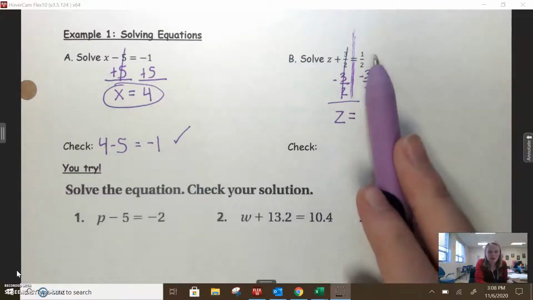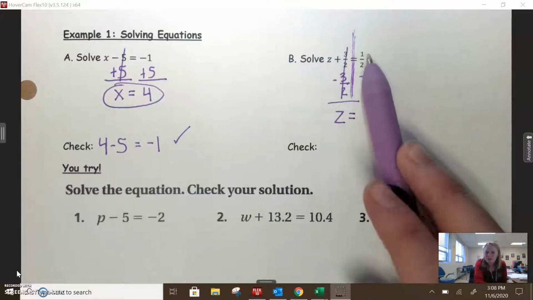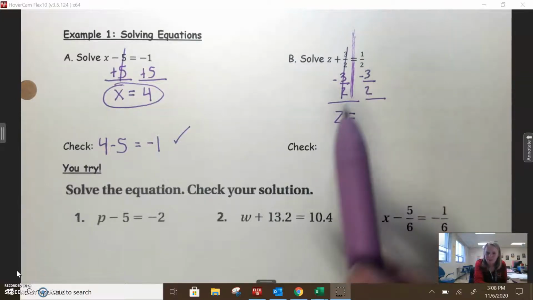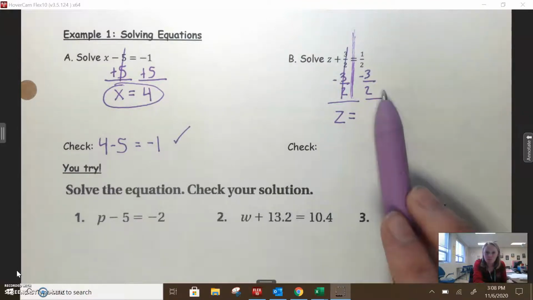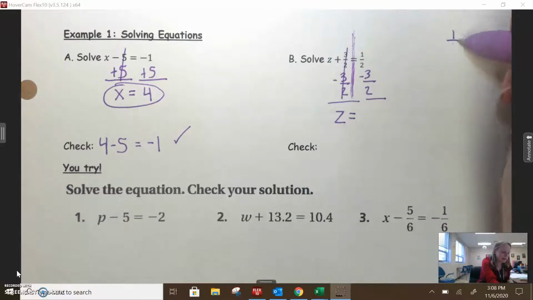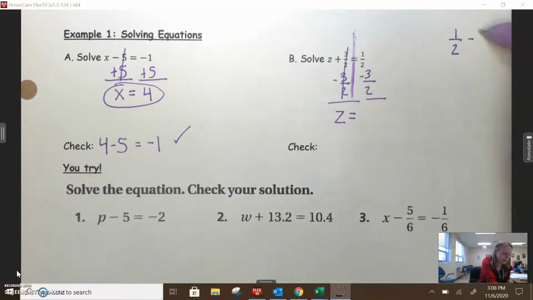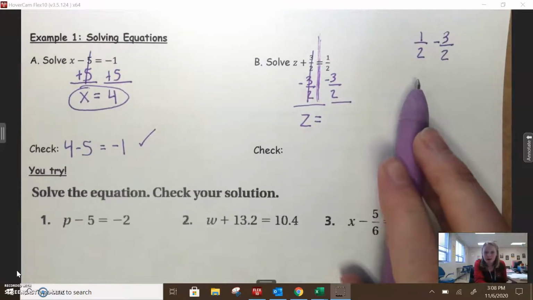And then over here, now I have 1/2 minus 3/2. Now you're probably thinking I've never done fractions up and down. That's totally fine. If you need to do some side work to figure out what this is, that's totally fine. So if I need to do some side work here, 1/2 minus 3/2. The good news is with our fractions here, we already have our common denominator.